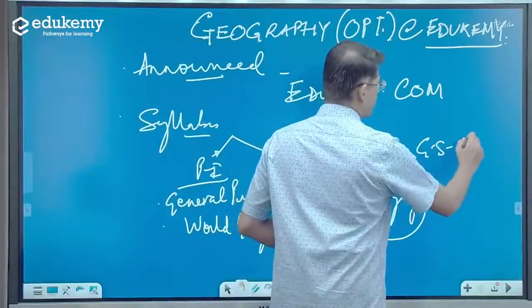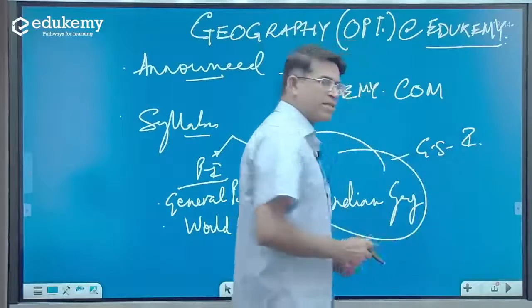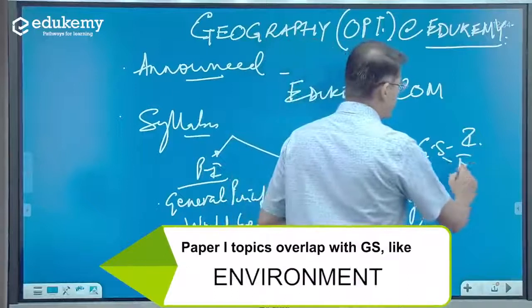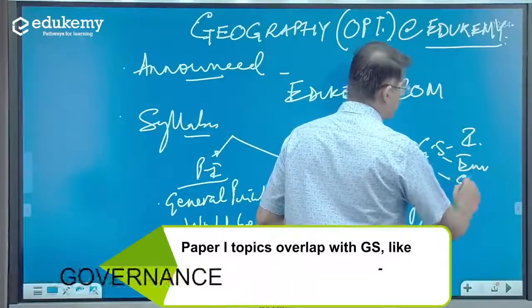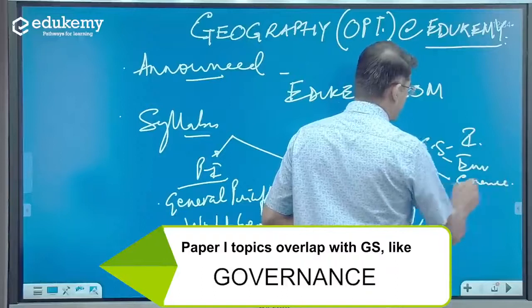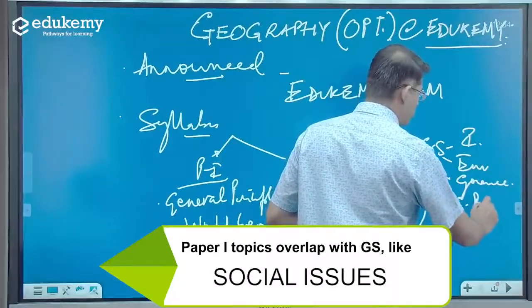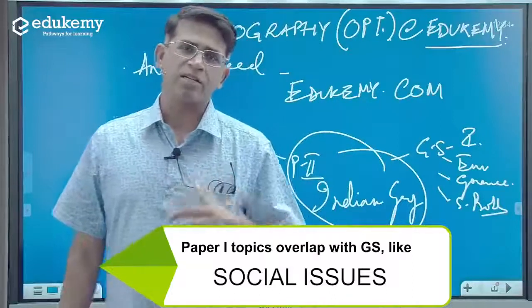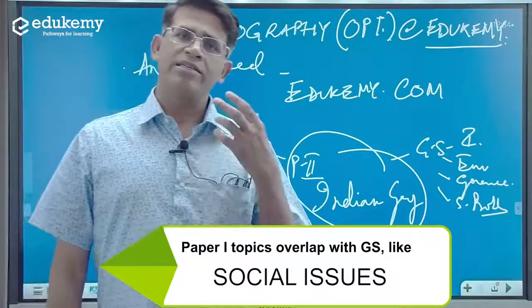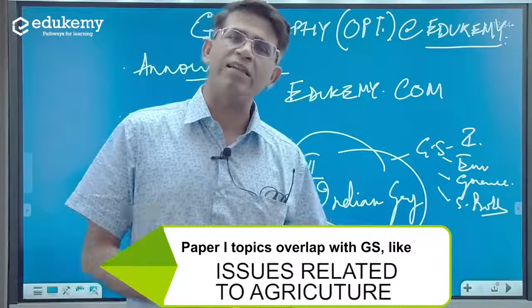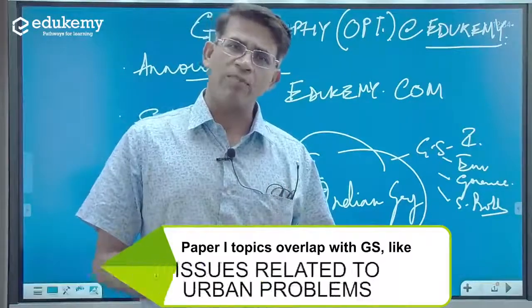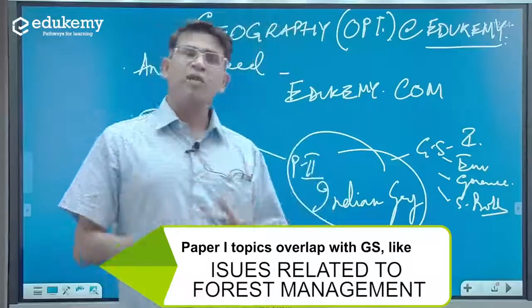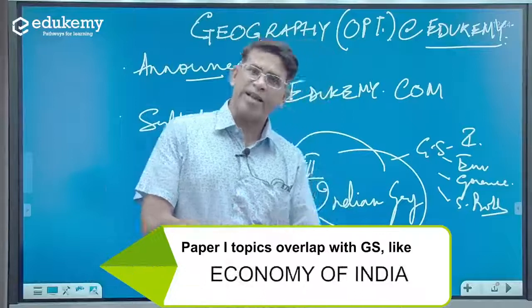In your GS paper 1, there are some topics related to governance, topics related to environment, and topics related to social problems, which are also covered through geography. Geography includes discussions on language, tribal problems, issues of agriculture, urban problems, environmental issues, forest management, infrastructure development, trade and commerce.